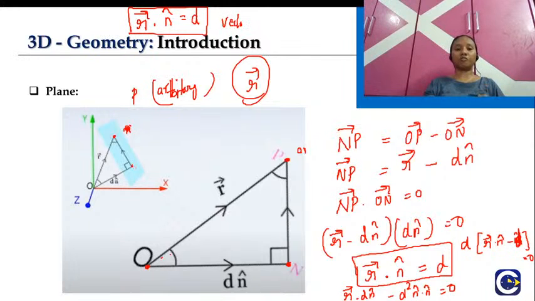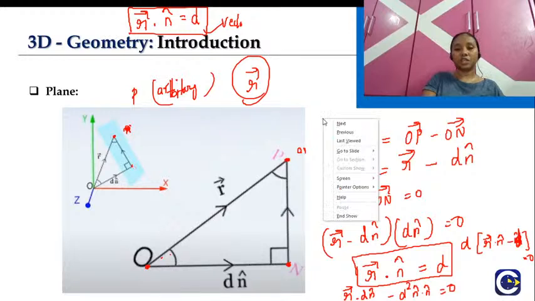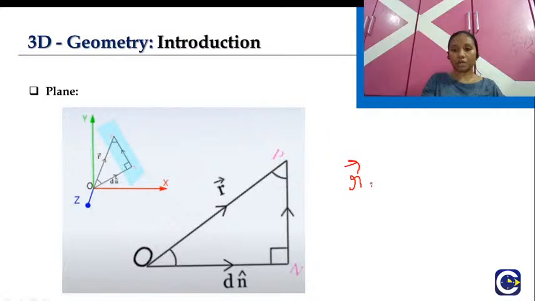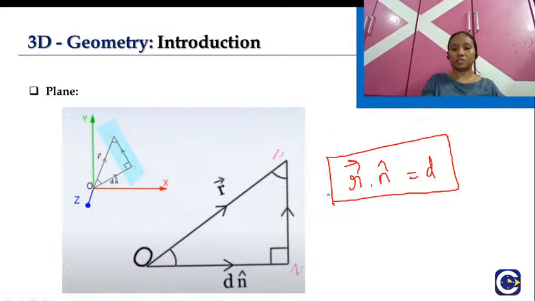So the equation of a plane passing through a point and having a normal to the plane in vector form is nothing but given by R bar dot N cap is equal to D. So this will be my final equation here.